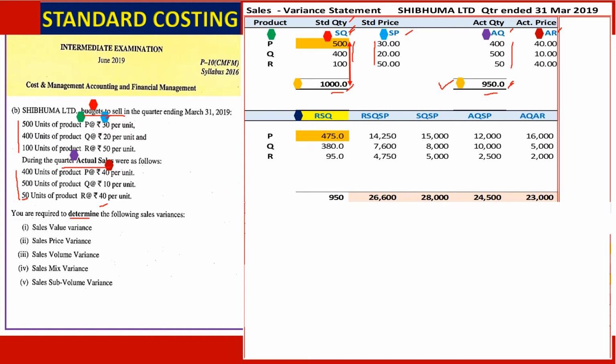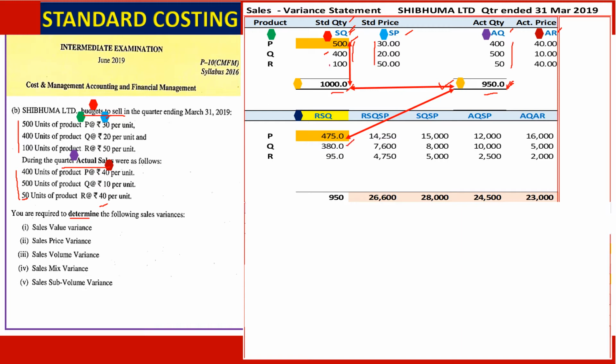For 1000, it is 500 for P, and the actual ratio is different. What should be the standard ratio for the actual sales achieved? If it is 500 for 1000, for 950, it is 475. If it is 400 for 1000, for 950, it is 40% of 950, 380.